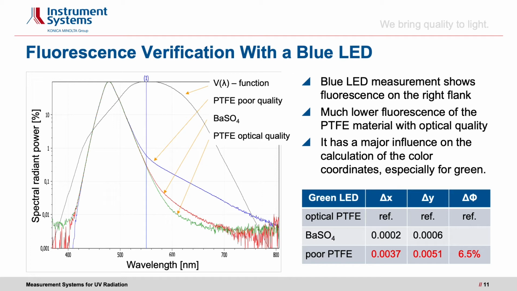The major influence on the calculation of the color coordinates, especially for the green, is shown in the table below. So with using the poor PTFE material, the right flank will also cause an increase in the color coordinates due to the weighting with the V lambda function, so that especially in the green, this is very obvious.